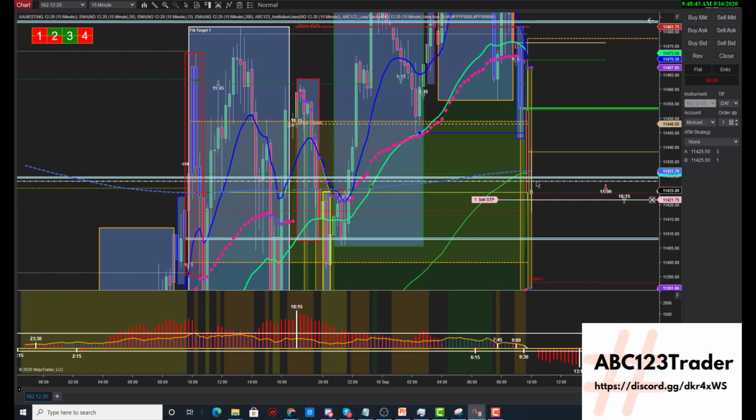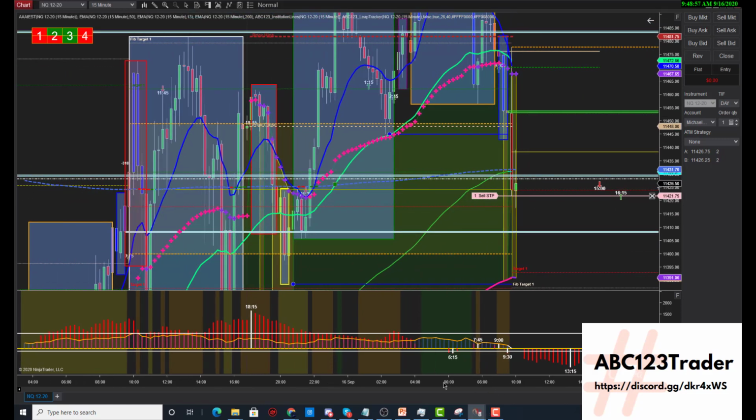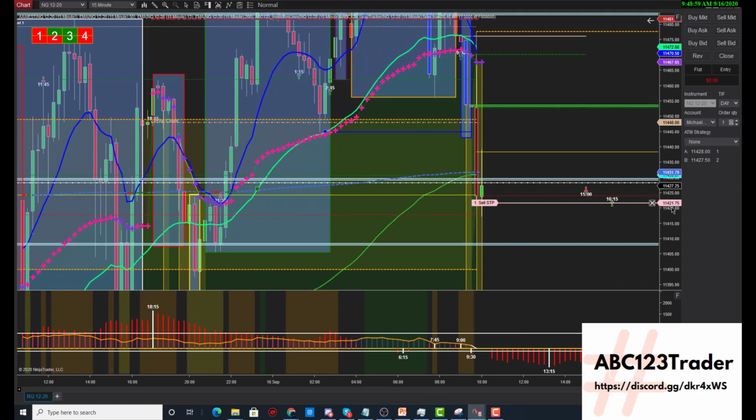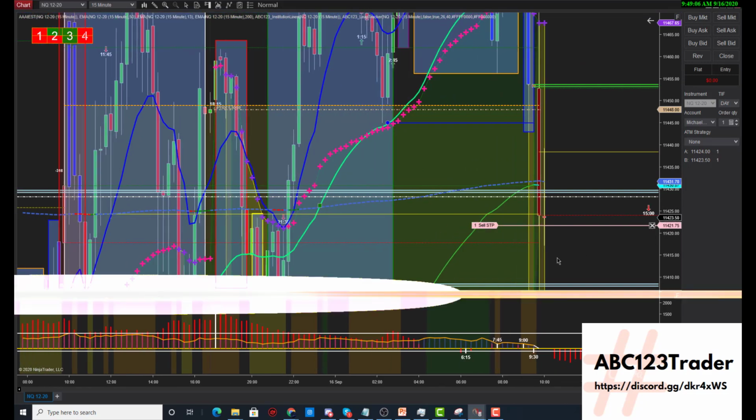Okay, let them play for a while. And as you can see, there's a lot of resistance here. Let's take a look here, of them trying to push up.